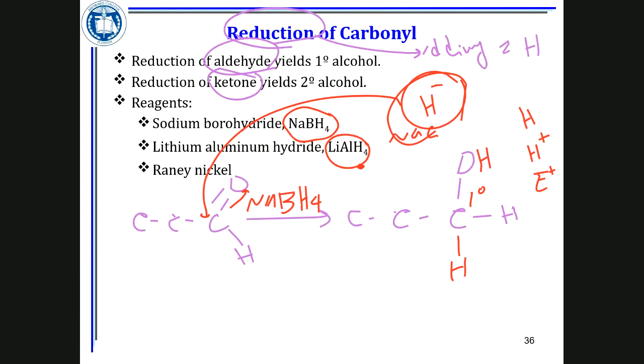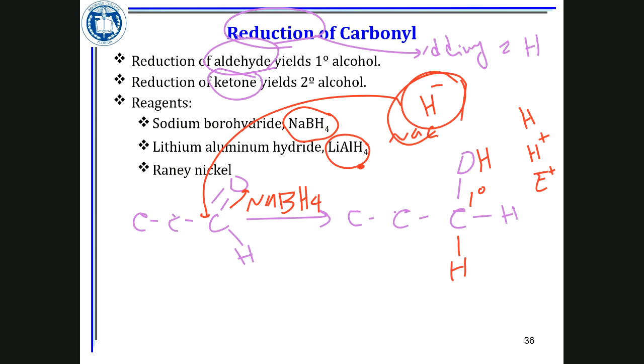It cannot reduce carboxylic acid. It cannot reduce ester, acid chloride, and other more oxidized compounds. But it can reduce aldehyde and it can reduce ketone. Lithium aluminum hydride can reduce everything, so it's a stronger reducing agent.